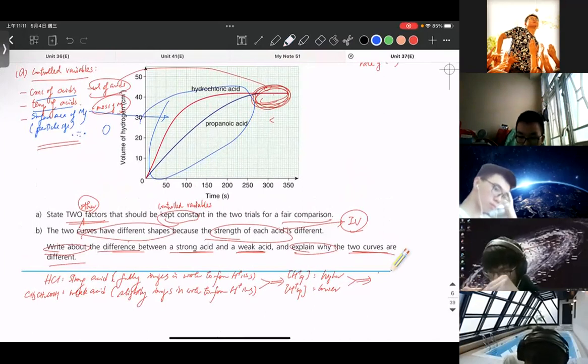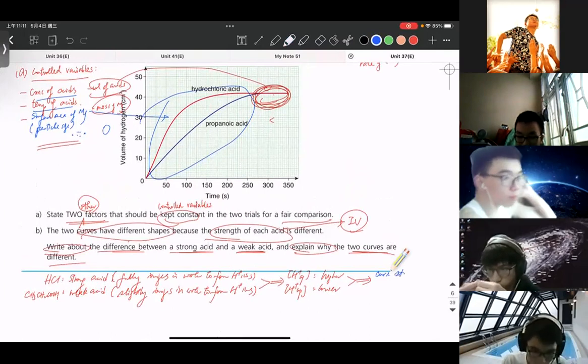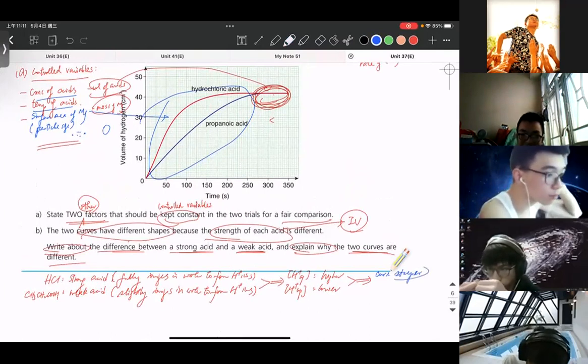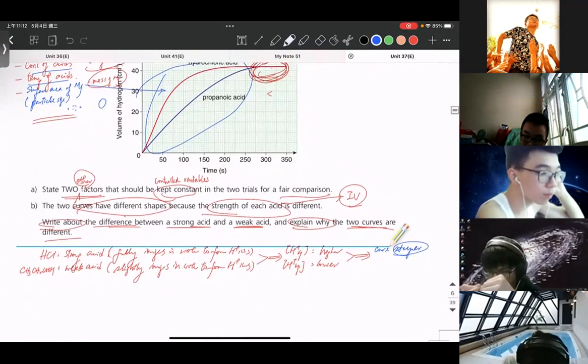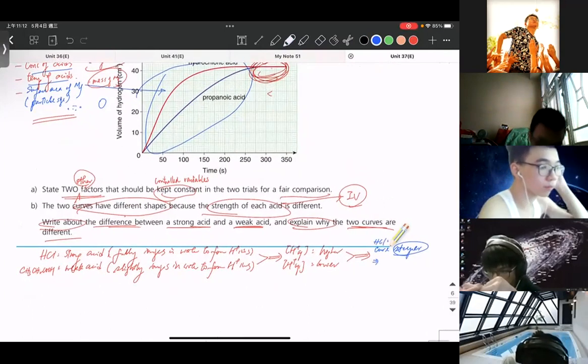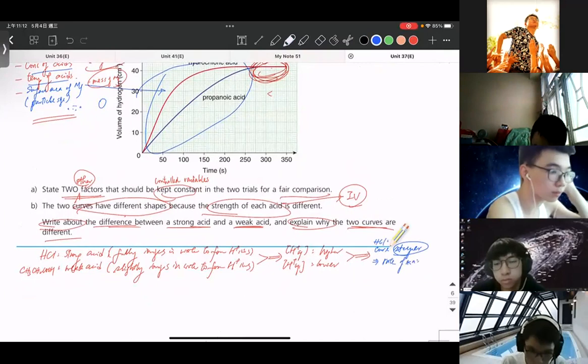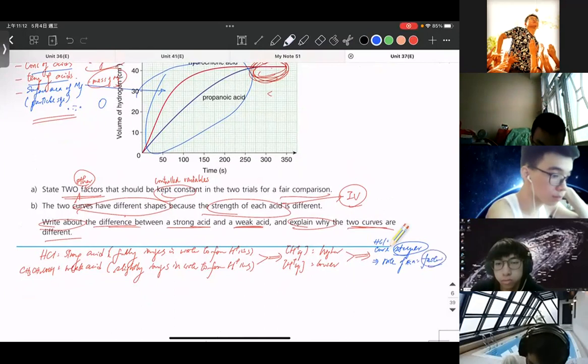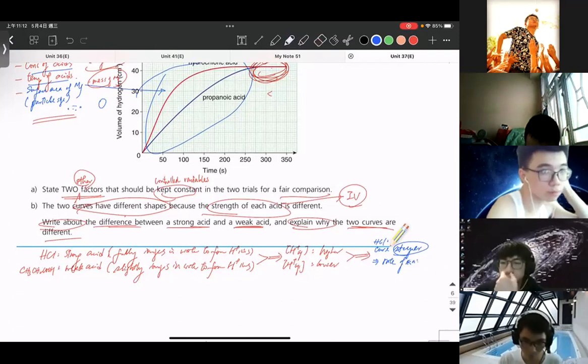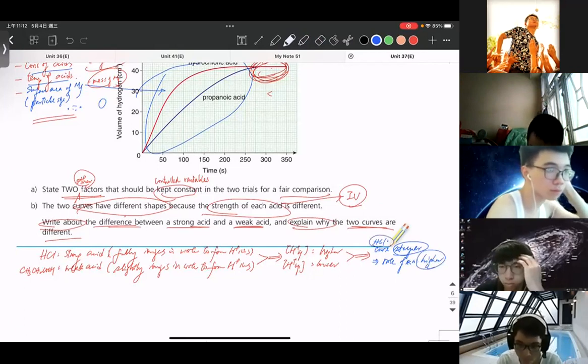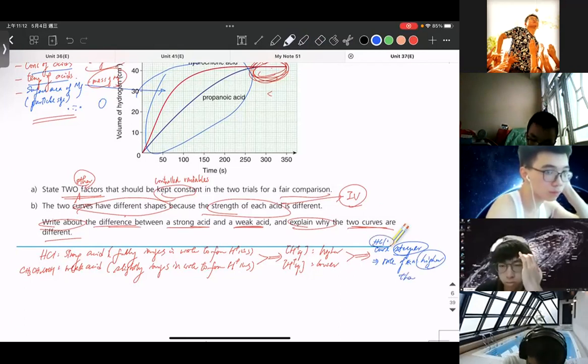The curve is steeper. So which means that the rate of reaction is faster or higher. The rate of reaction is higher, so the reaction itself is faster. Can you get the point? So HCl has a faster reaction than propanoic acid.